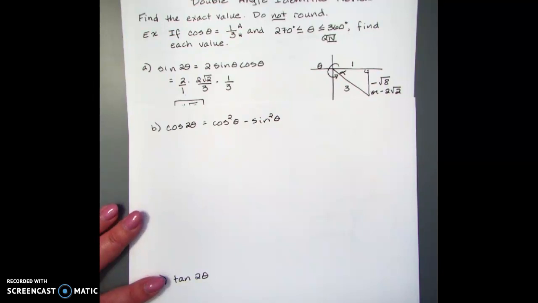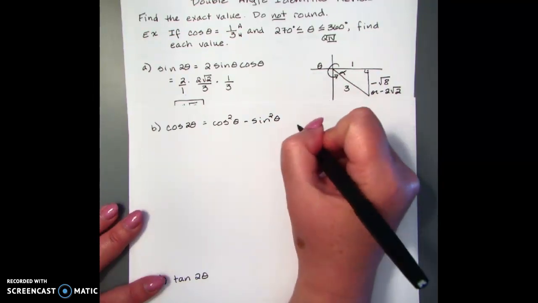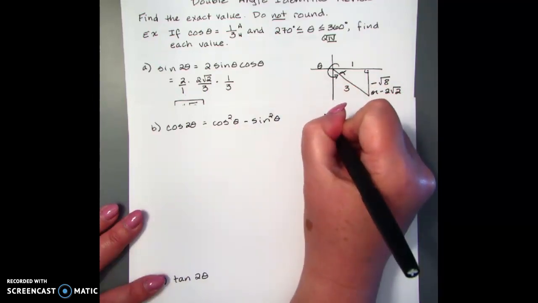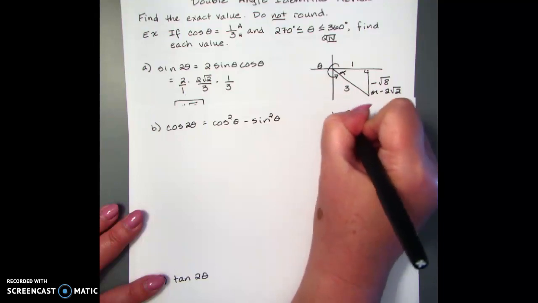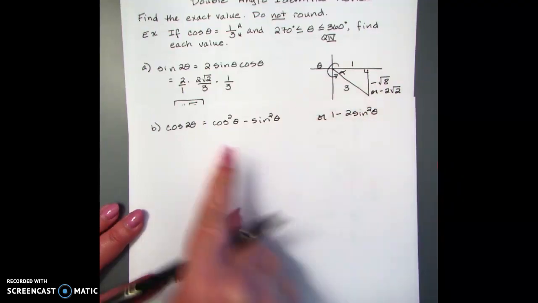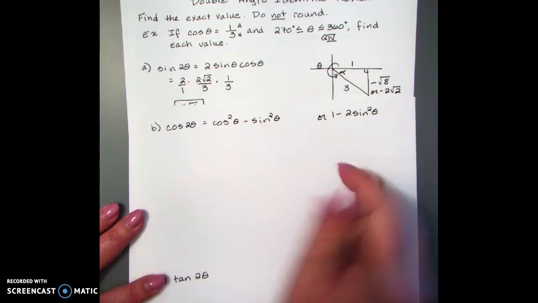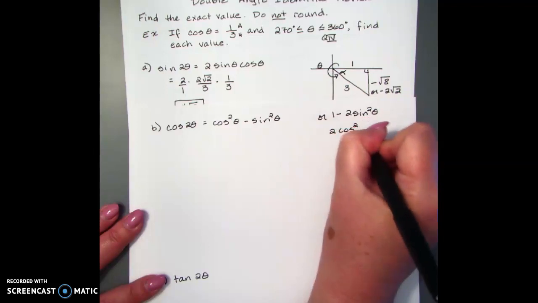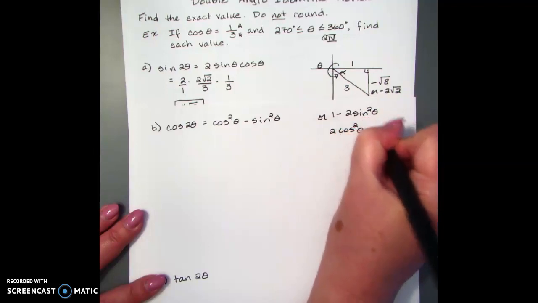But then if you notice on your orange paper, there were 2 other options. So one was if we substitute for cosine of theta, we could say that it was 1 minus 2 sine squared of theta. Or if we substitute for sine squared of theta, we get 2 cosine squared of theta minus 1.